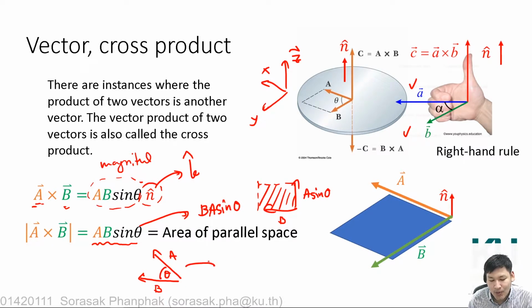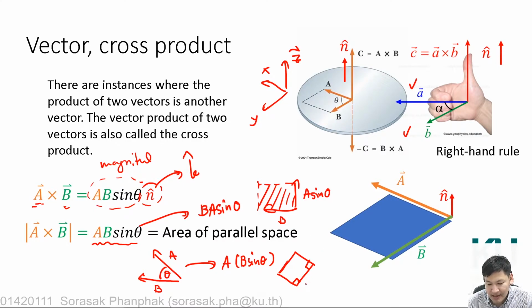If you would like to write A multiplied with B sine theta, you have vector A and another B sine theta, and this is now a rectangle with the right angle here.